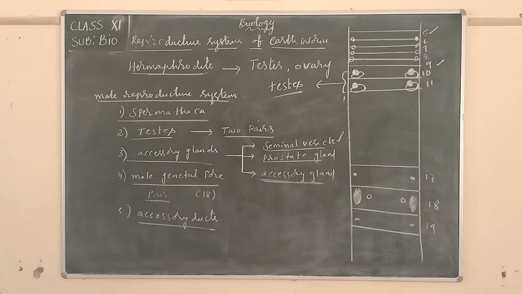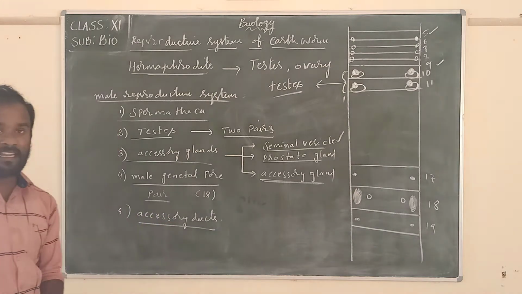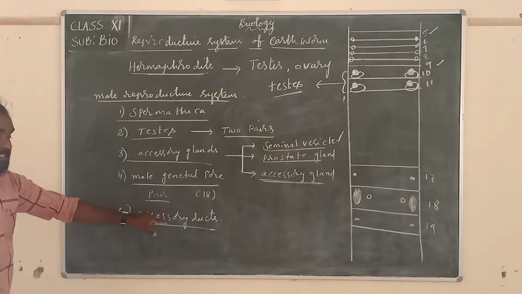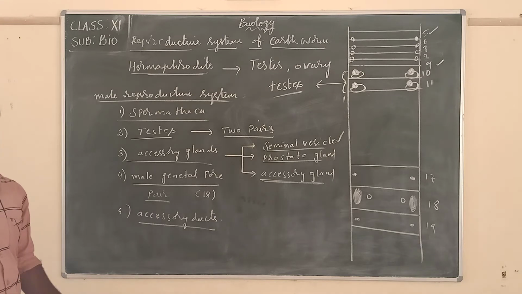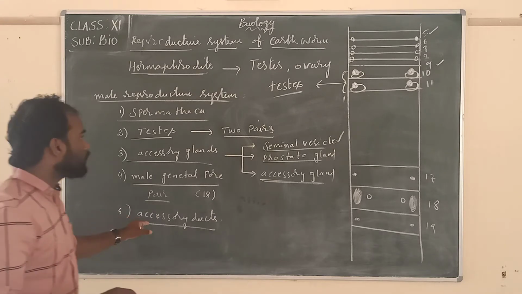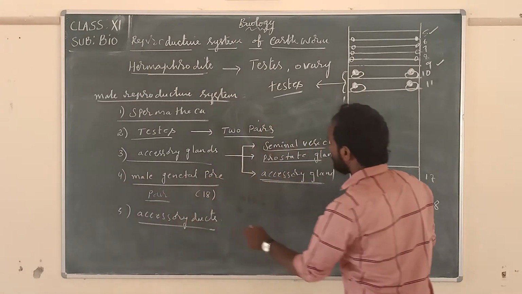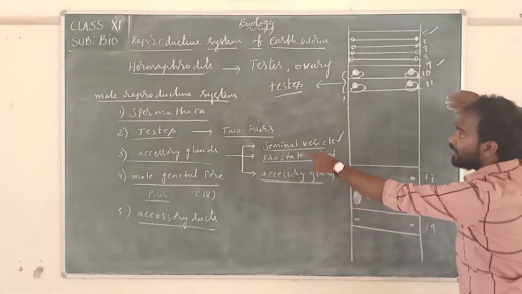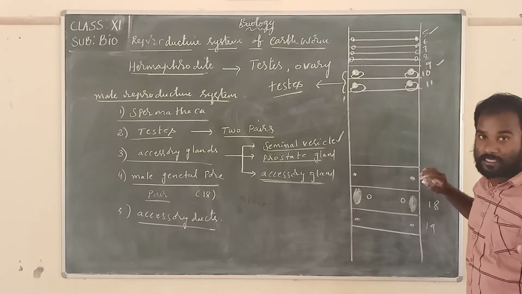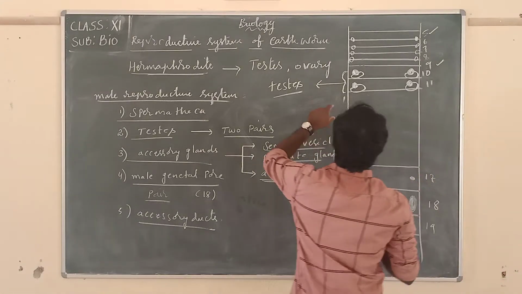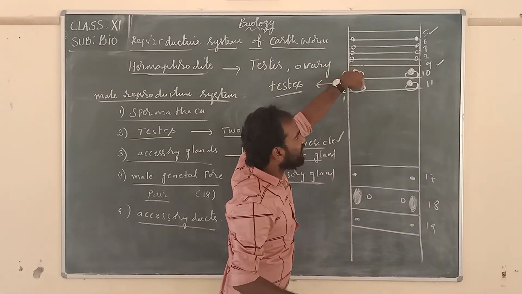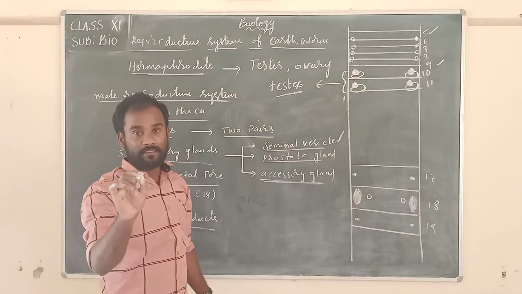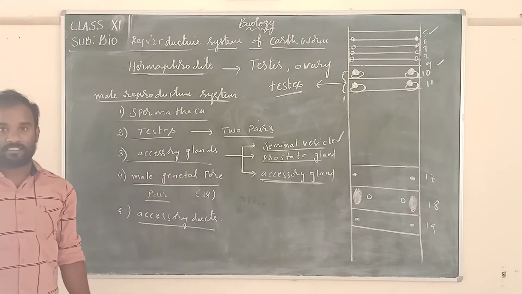Accessory ducts. What are those accessory ducts? Now let us discuss. What are the accessory ducts present in the male reproductive system of the earthworm? I told you in the 10th and 11th segments there are two pairs of testes.